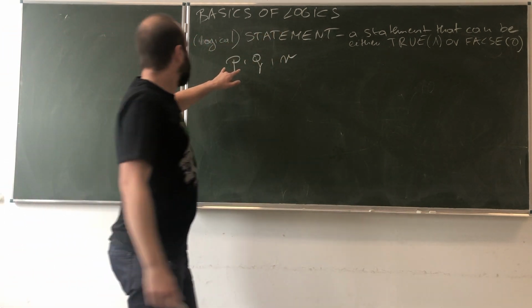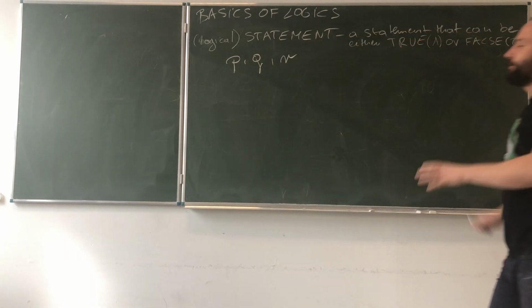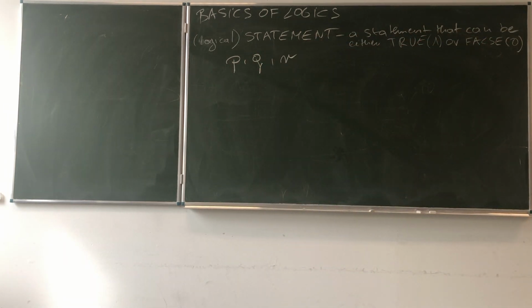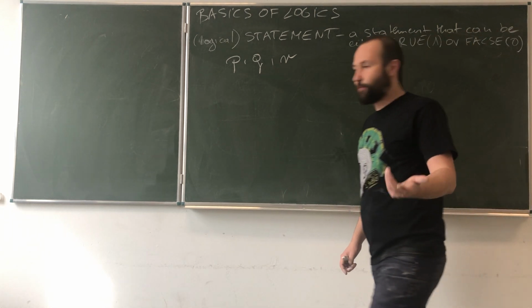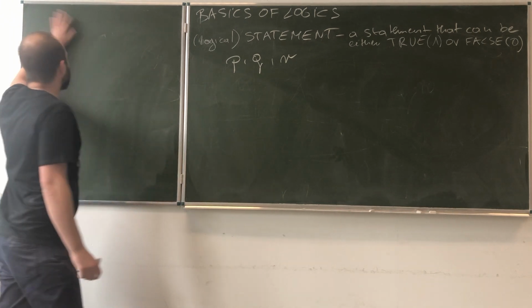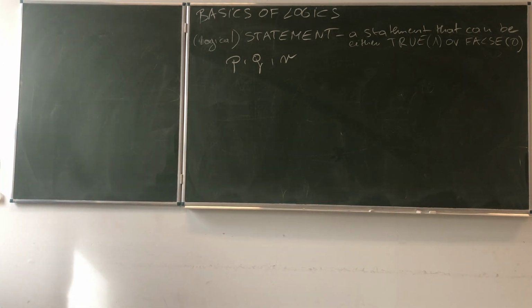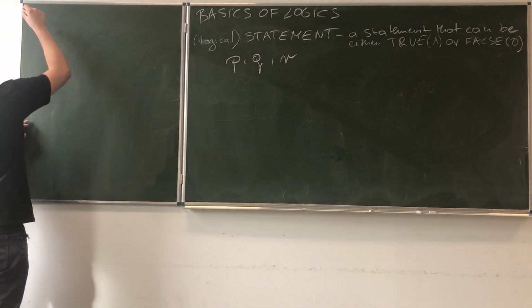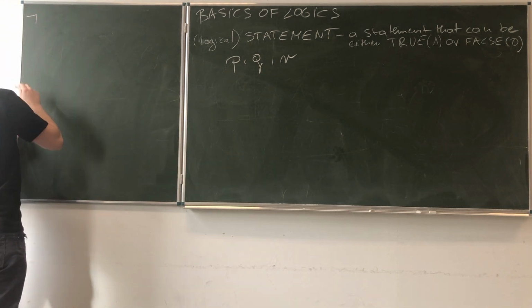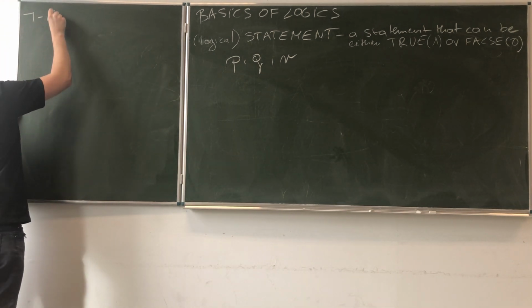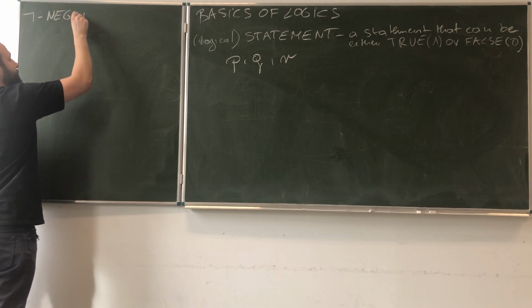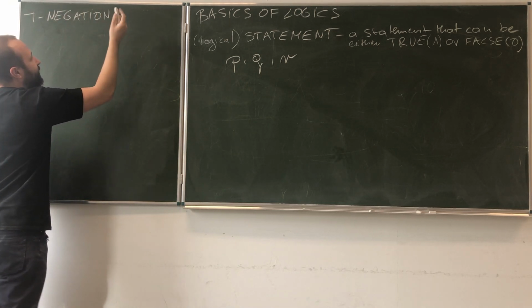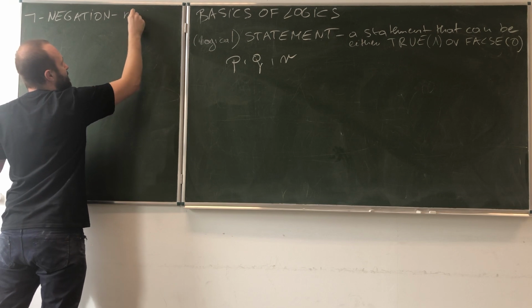Those will be very short in our usage, and we will be combining them into bigger statements using logical operators, and we will review just the 5 most basic ones. So, the first one looks like that, and we call it negation. And we read it as not.